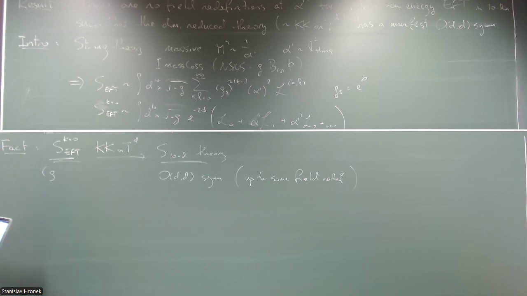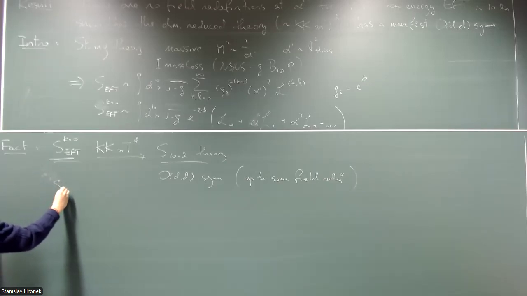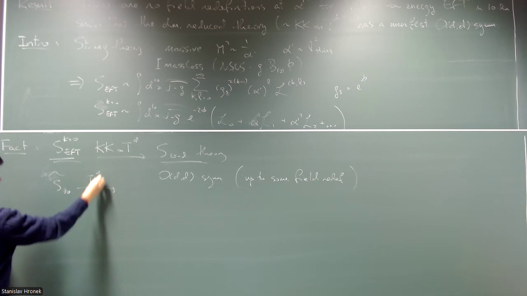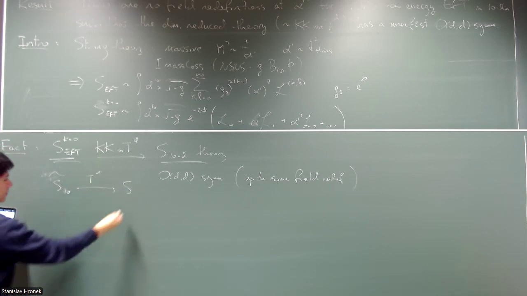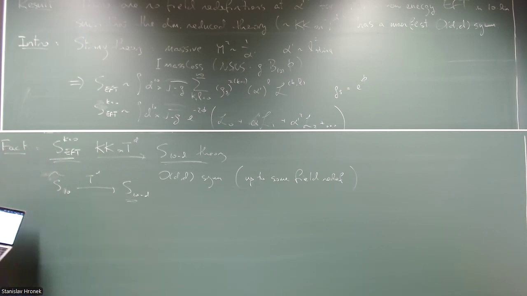So basically, I'm saying that if I have some theory in 10D, and I do this sort of reduction on d numbers, I get some 10 minus d dimensional theory.